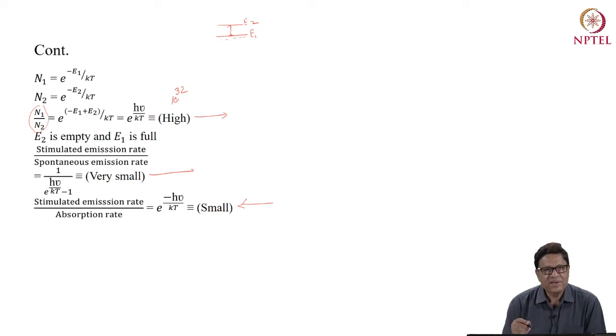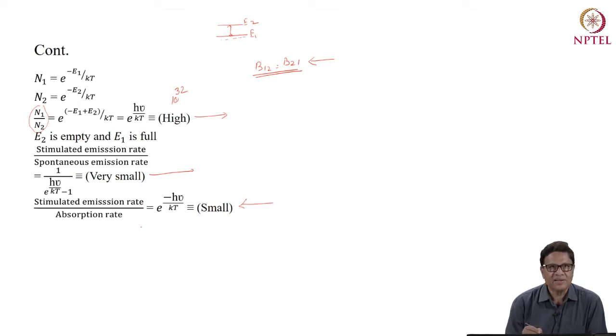So earlier when we were discussing those probabilities A12 and B12 and B21, it can also be found that B12 is equal to B21. Then that means the probability of stimulation and the probability of absorption are equal. But this condition is not there at the moment.